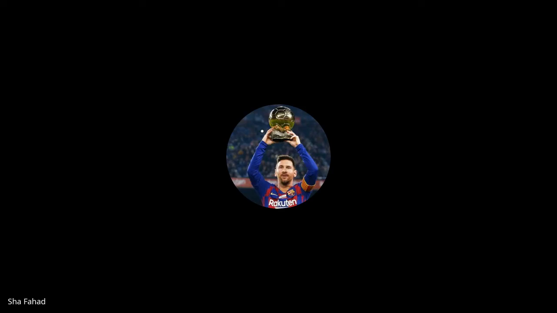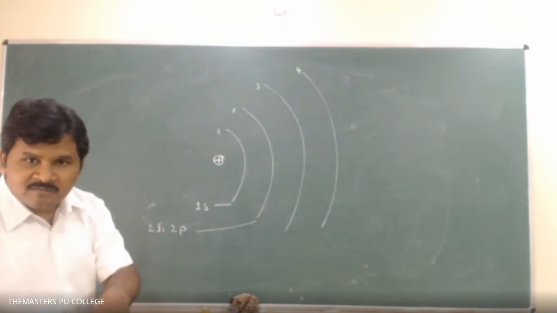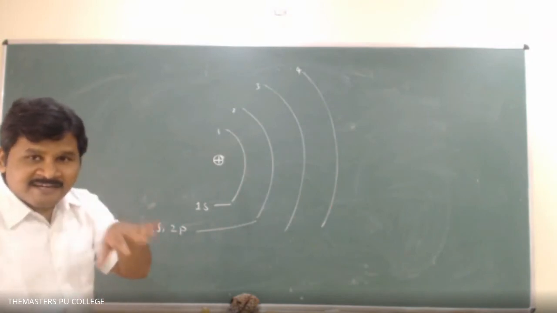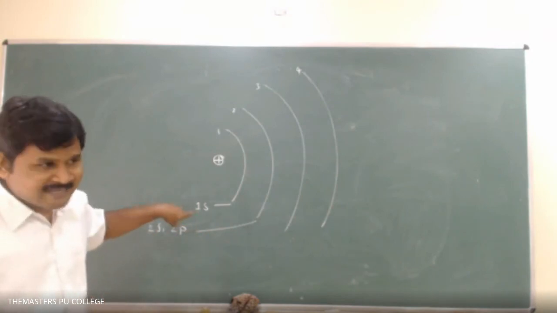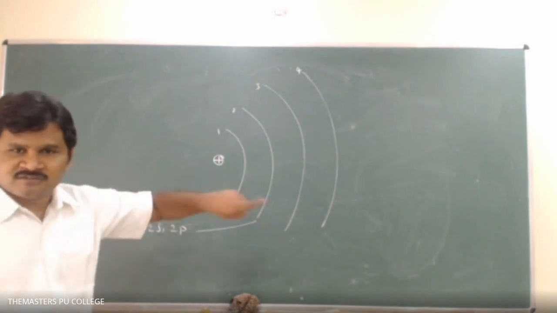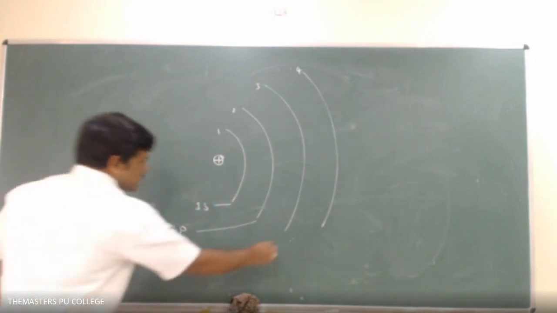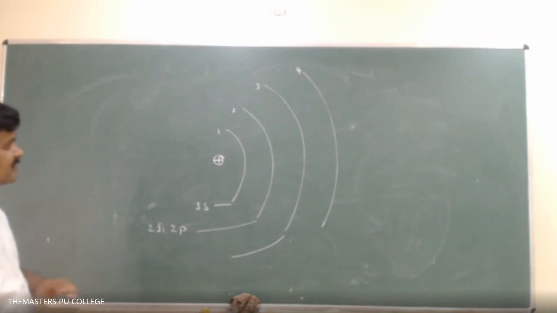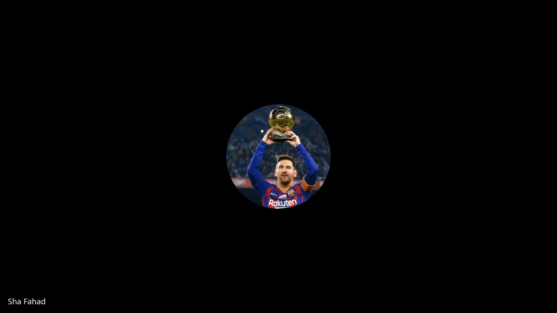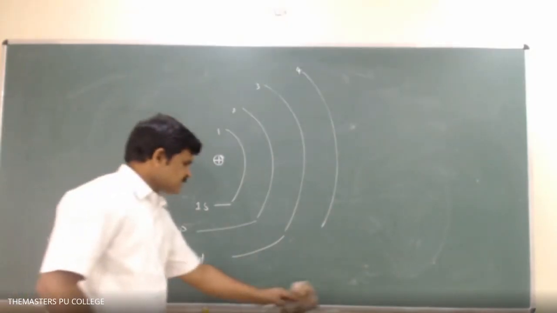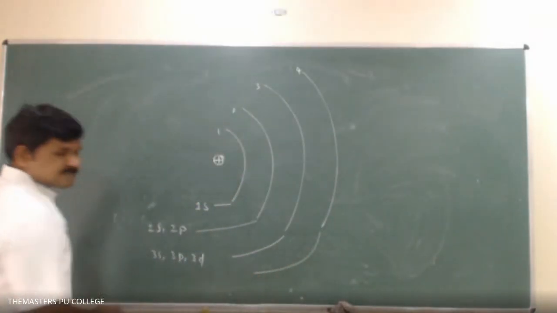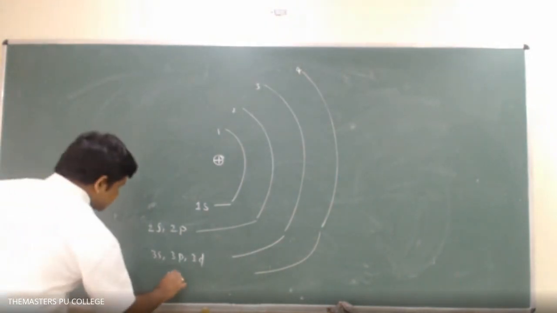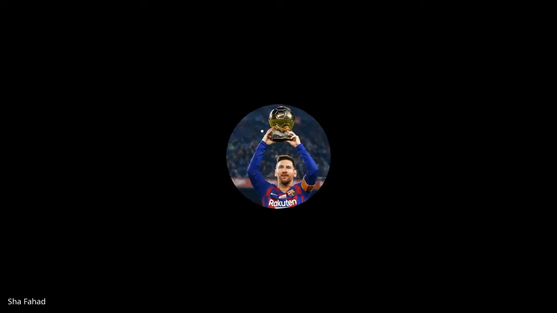For all these, I will give formulas, and how you get the formulas I have to explain again, so that's why I am telling you now. Third shell has 3s, 3p, 3d. Next, fourth shell has 4s, 4p, 4d, 4f.